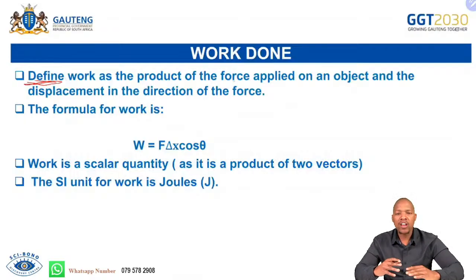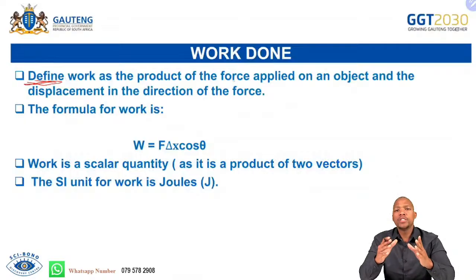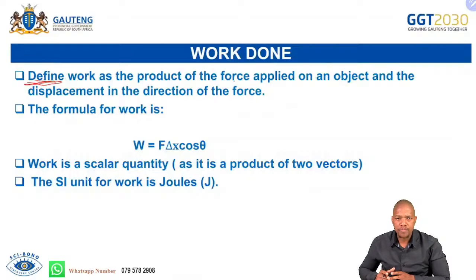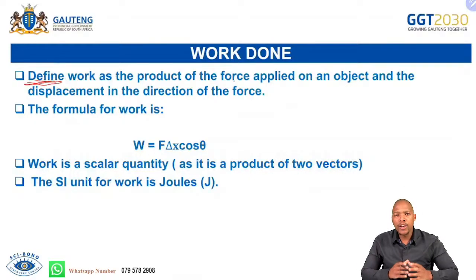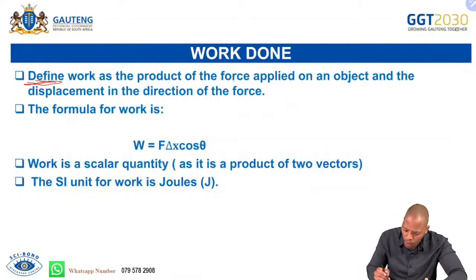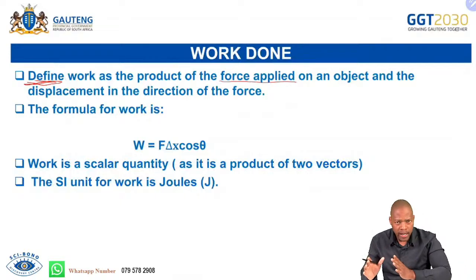Now, before I go into the mathematics, let me try and talk about the issue of work being done. So work is done on objects, grade 12. So when do we say that a work is done on an object? According to the definition, it tells us that work will be done if there was a force that is applied. That's first.